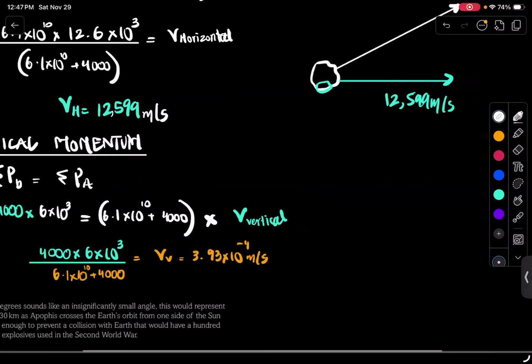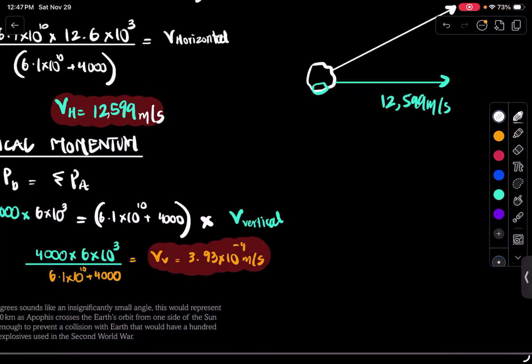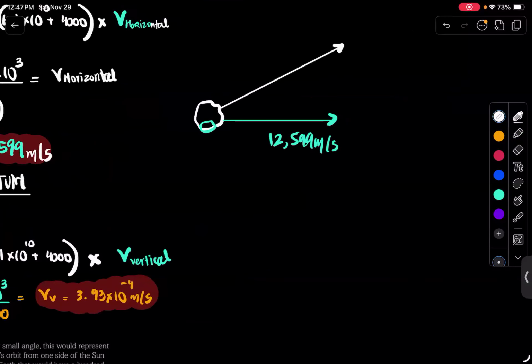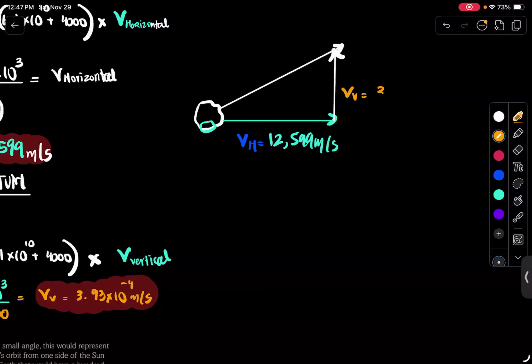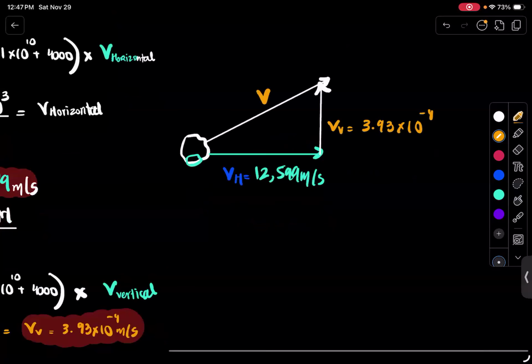Now, you have the horizontal velocity. You have the vertical velocity. That means we now have both components of this resultant, right? So we know that VH is 12,599, and we know that V vertical is 3.93 into 10 to the power minus 4. Can we use this to find out the resultant velocity V?